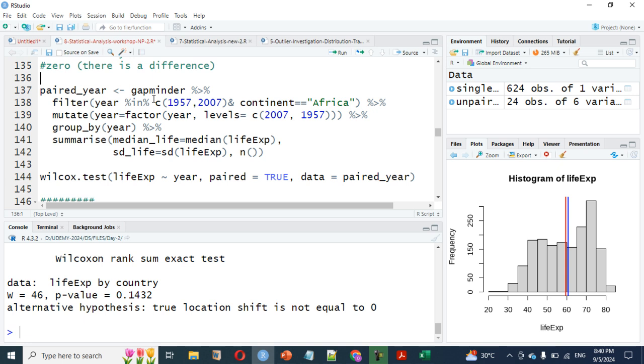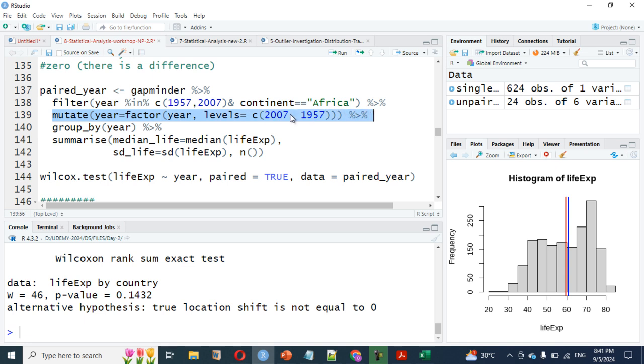Now we have the filter here. We have continent based on Africa, so this condition is true. Filter year in this year and continent Africa. We mutate year and factor it; we have these two levels. Don't forget, I've done mutation before.